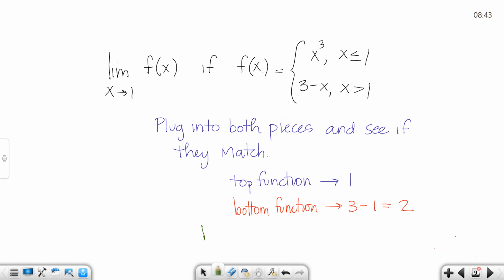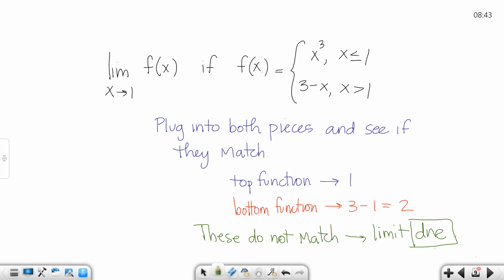What I notice about these is they do not match. If they do not match, the limit does not exist. You'll say, so what's my final answer? Does not exist is your final answer if they do not match.